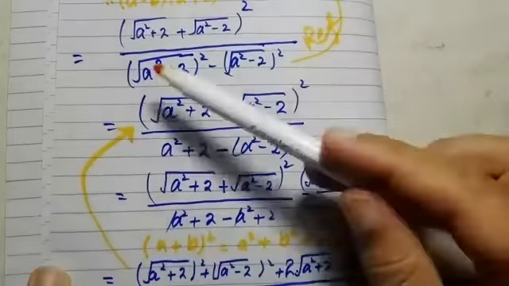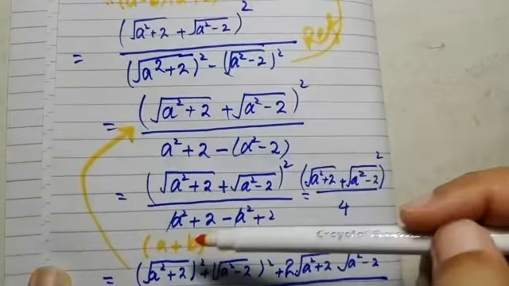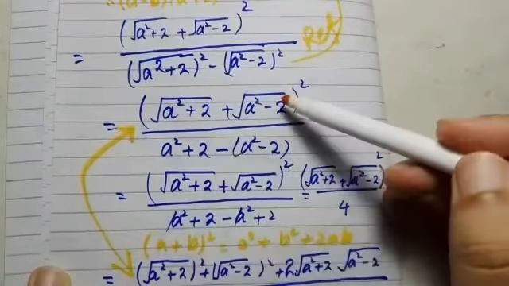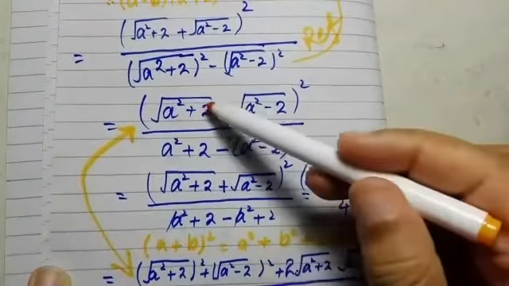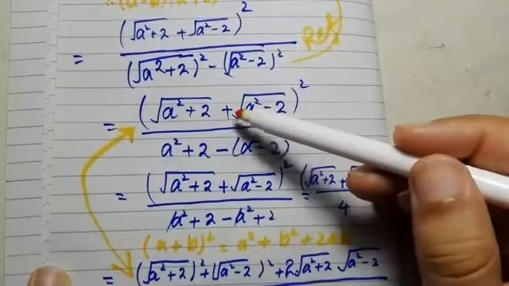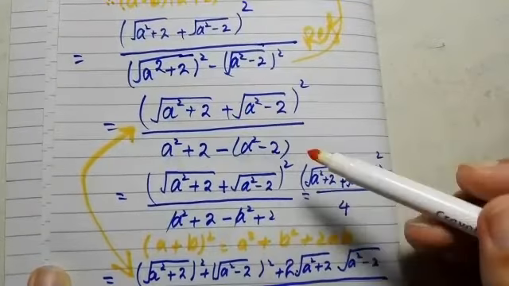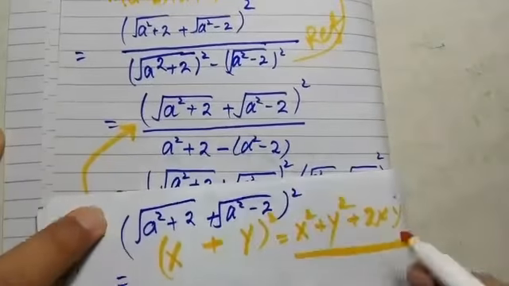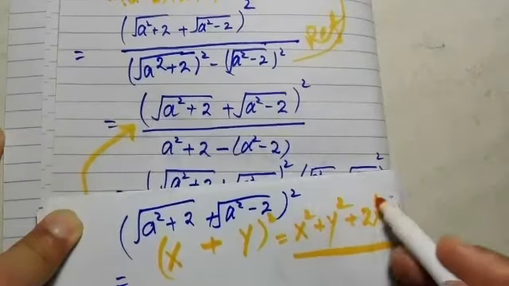So once you expand the whole square, it will generate 3 terms. First term square, that is a square plus 2 its whole square, then second term square, then 2 times the first and second term. Its product will be there. Why are we doing it? Because we are using the formula that I just explained to you, because 2xy will be a term because of the formula.